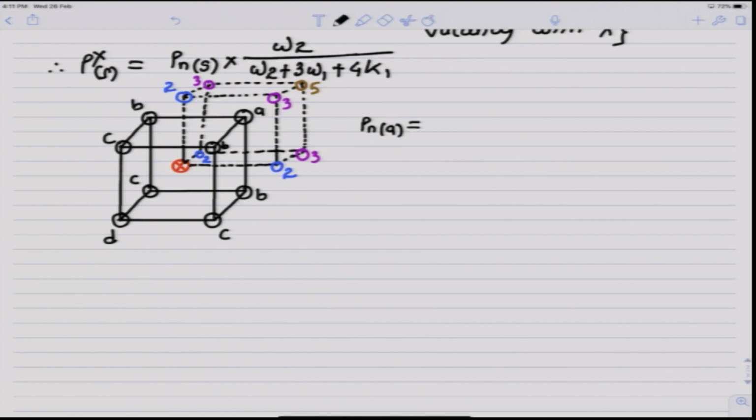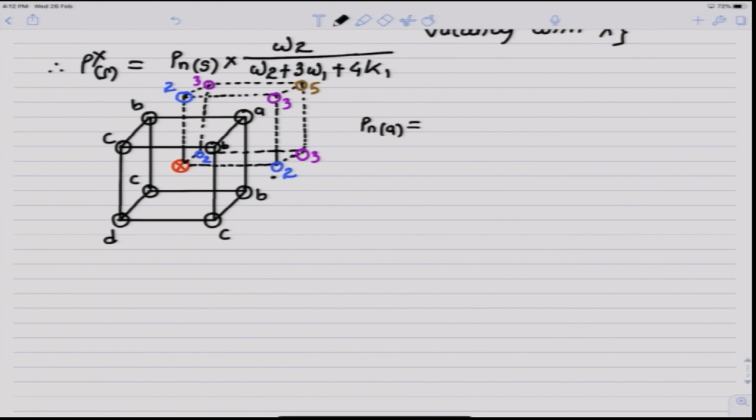I have shown three second nearest neighbors of x here by number 2, third nearest neighbors by number 3, and the fifth nearest neighbor of x by number 5 here. So, let us consider these different types of jumps one by one. If we consider omega 1 prime type of jumps, let us consider any of the nearest neighbor sites of A which is a second nearest neighbor of x. So, let us consider this site first.